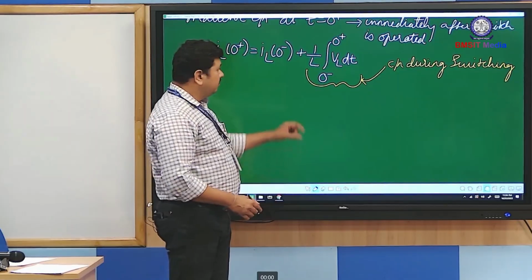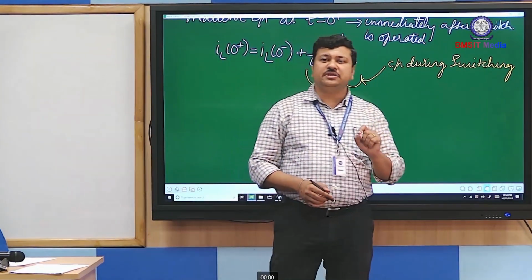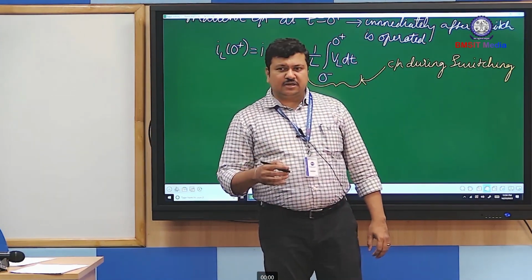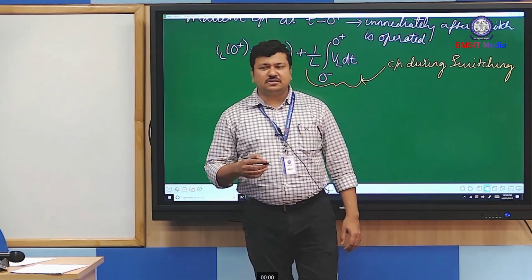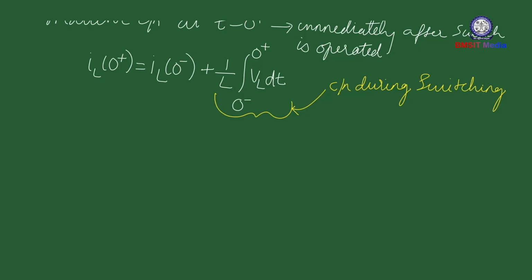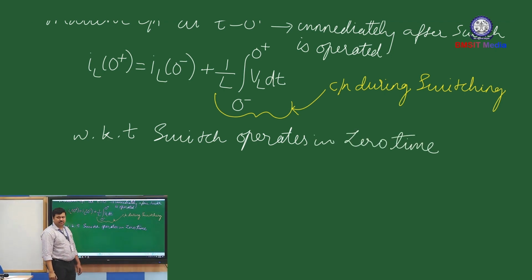Now what is that current? We should see. The switching time is assumed to be 0. In the very initial condition itself, I have assumed that the switch operates in 0 time. So when the switch operates in 0 time, what does it mean? The time taken to operate the switch is 0.